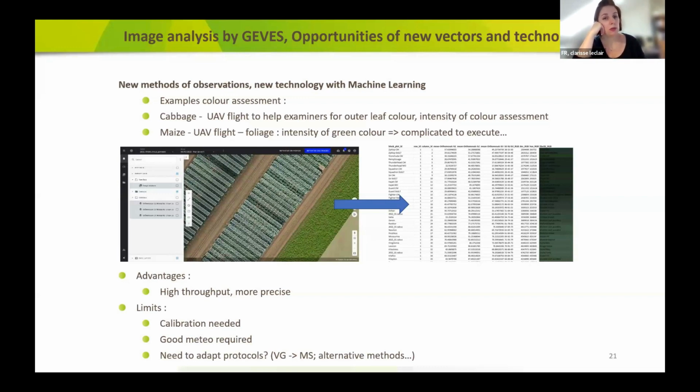We also have tried it for the maize foliage intensity of green color, but so far it's only research. It's not in routine, but it's interesting also to try to use these new vectors and also new technologies, maybe machine learning and so on. But it's for the future probably.